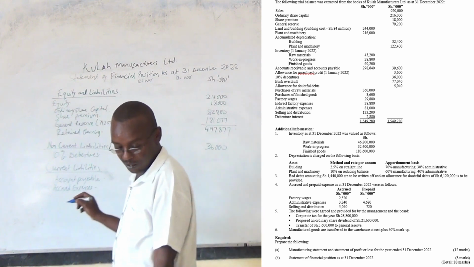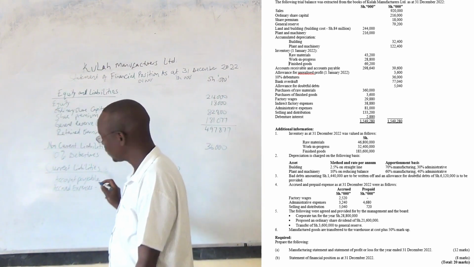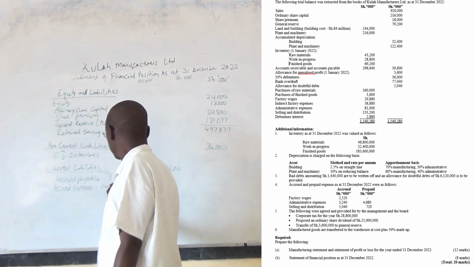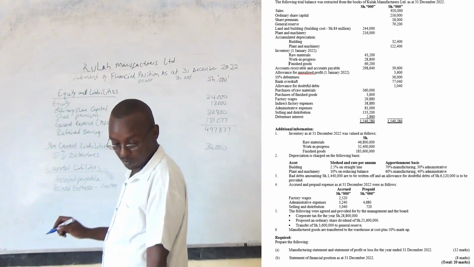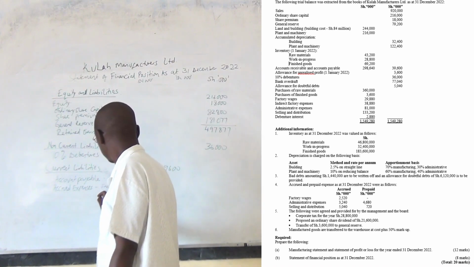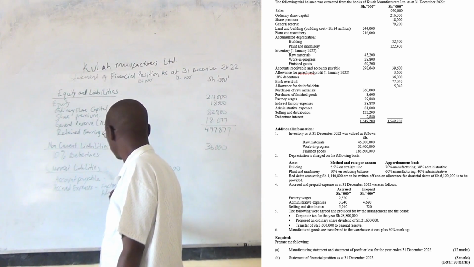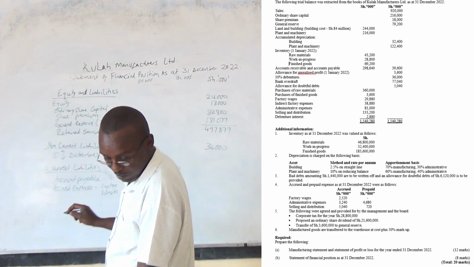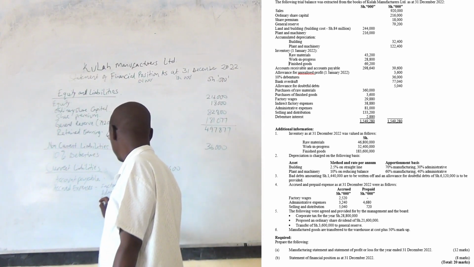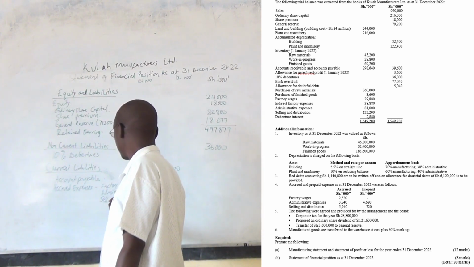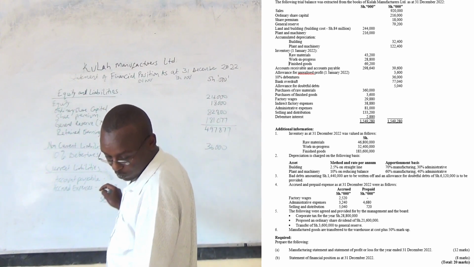You indicate here there is factory, admin, and selling. Factory 2520.